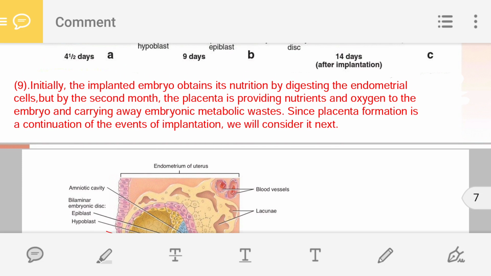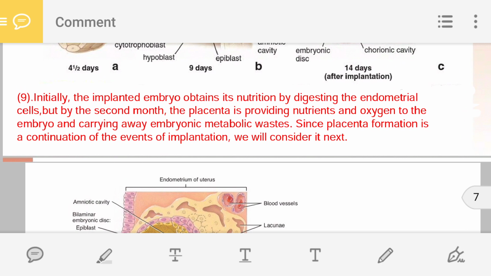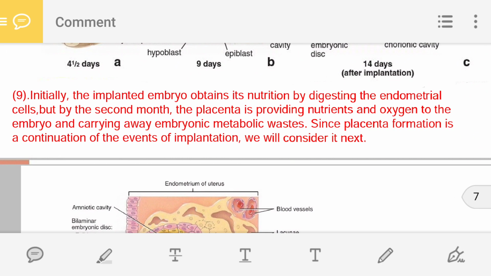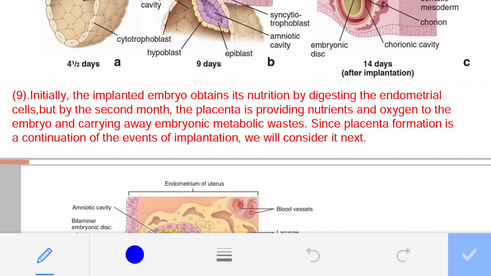And the last point of today's discussion: once this embryo has implanted, at the initial stage the embryo obtains its nutrition by digesting the endometrial cells. We have learned that the syncytial protrusions, with their cytoplasmic enzymes, were eroding and digesting the endometrial cells, and the embryo was getting the nourishment.